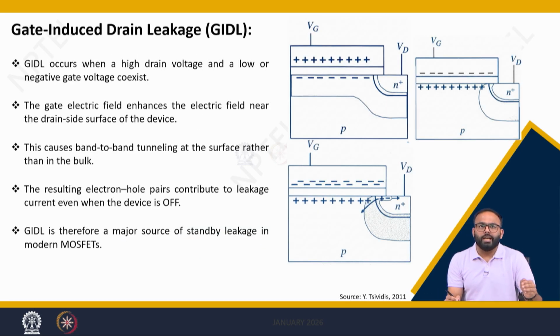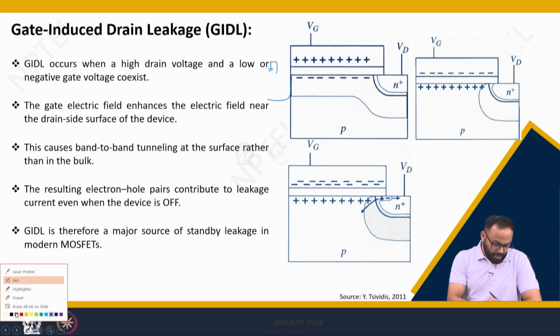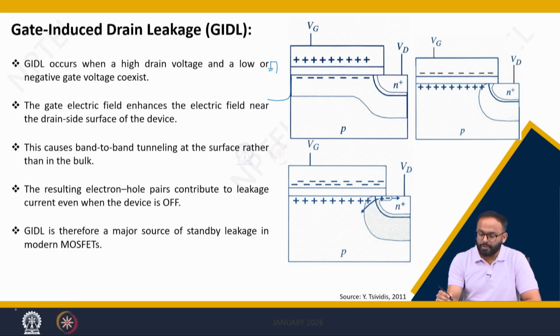Let us see what will happen. That will give you an idea about gate induced drain leakage. Let us consider a MOSFET and we are only considering the drain side and channel side, because in general the source side is kept at 0 volts. The tunneling will happen when there is a reverse bias and the doping is higher.